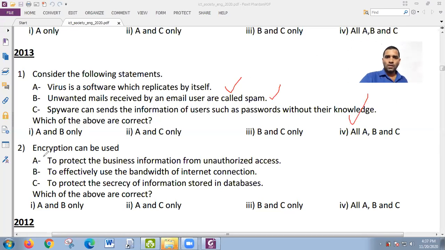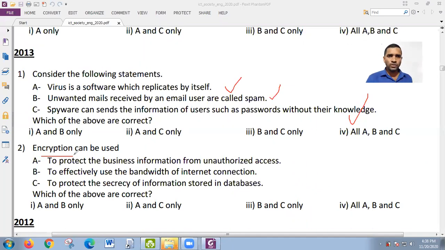Next one. Encryption. I explained encryption when I explained logical security in the last minute. What is encryption? It's a mathematical technique used to convert data to an unreadable, scrambled format in order to protect your data.